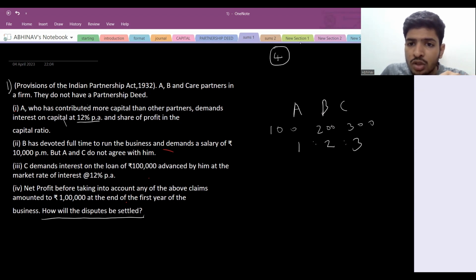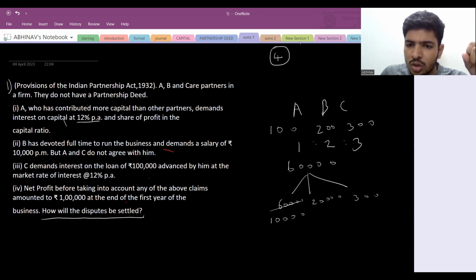That is 1:2:3. If 60,000 is the profit, then they want it to be divided in the ratio of 1:2:3. That is basically 10,000, 20,000, and 30,000. That's what they're asking you.